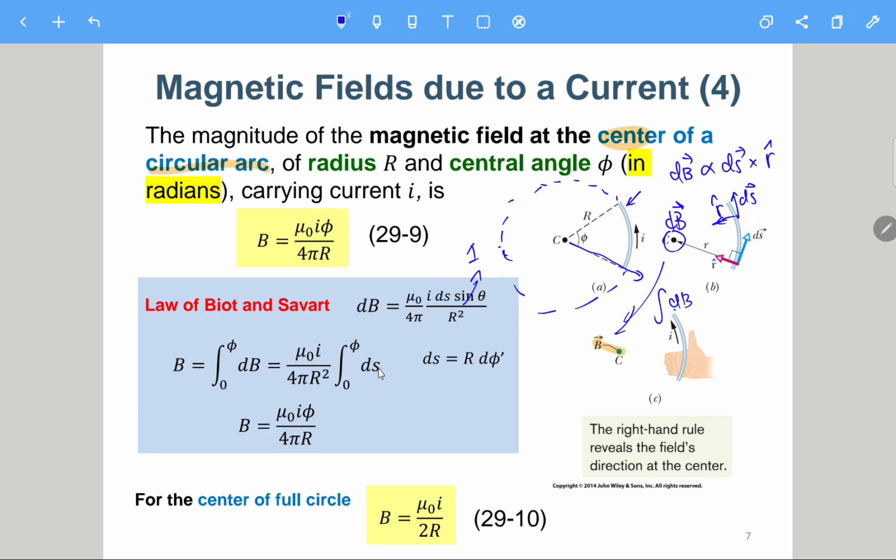So here we have the integral of ds from 0 to phi, which is actually the length of this arc. Or you can use substitution: ds is R d phi prime from 0 to phi. So this integration is nothing but R times phi.